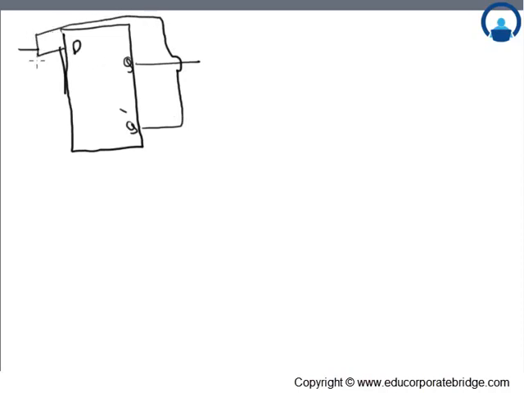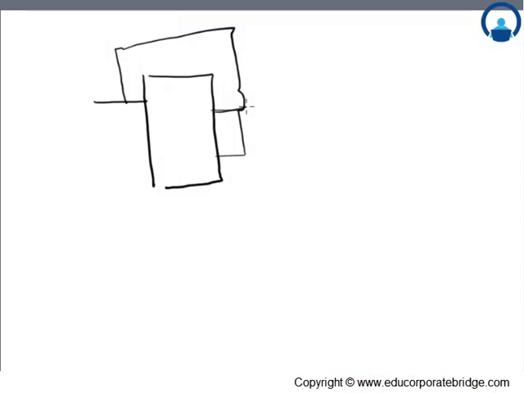Say this is D and clock. Let us assume initially it is 0 and 1. Let's draw a neat diagram. This is Q bar. The Q bar is given to D. This is a clock pulse.